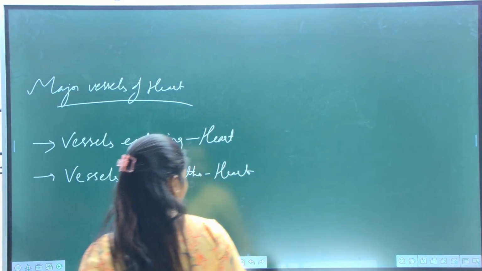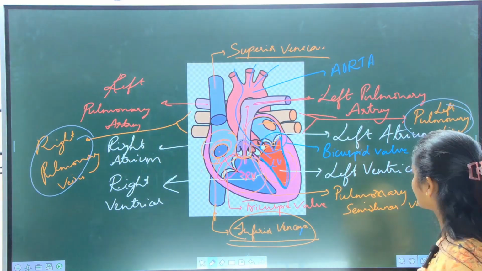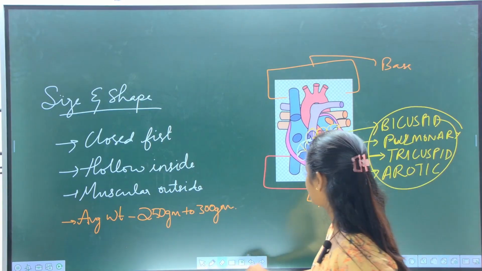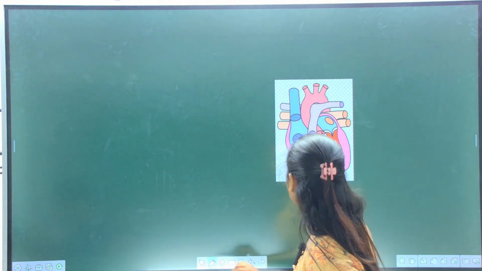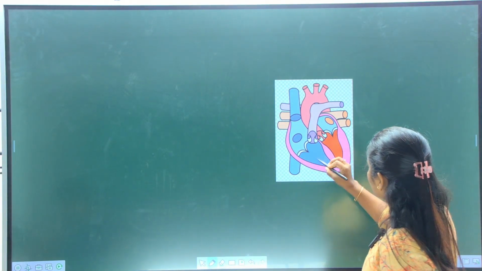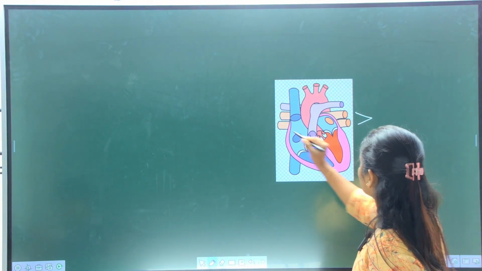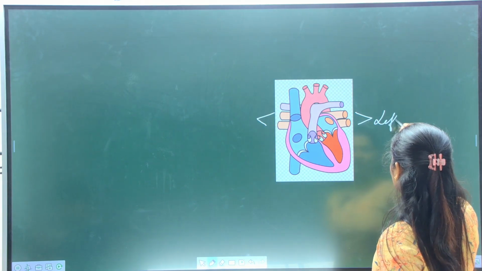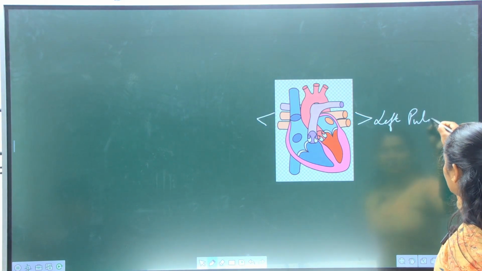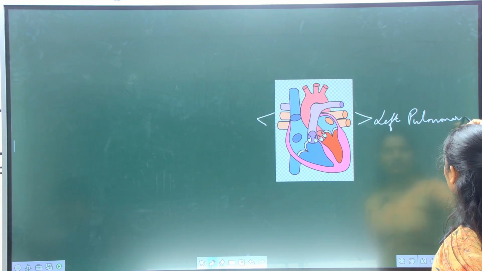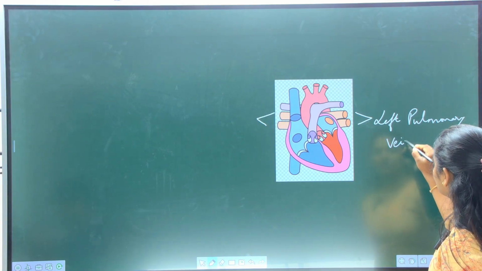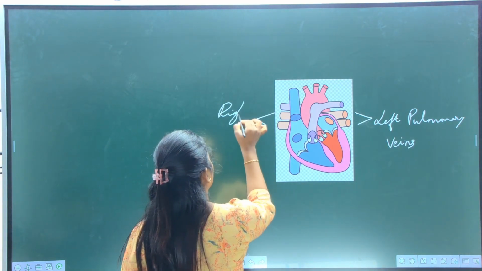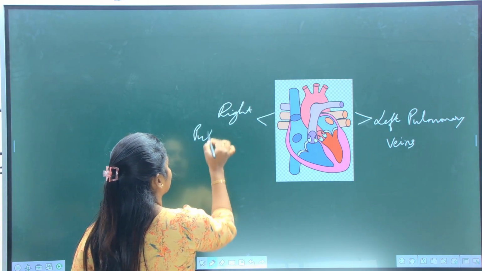Okay. Here you can see these are the vessels entering the heart. Those are the left pulmonary veins and these two are the right pulmonary veins.